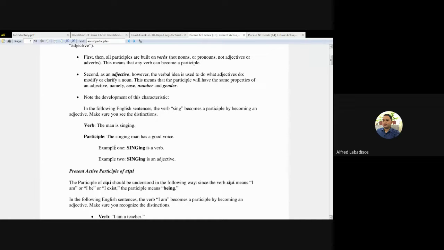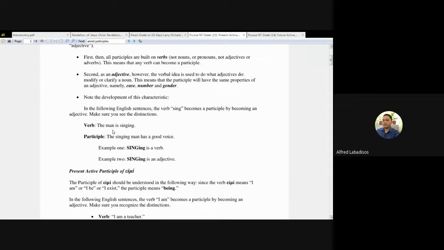So in example one, singing is a verb. It tells you what the man is doing. However, in example two, singing is an adjective. It means it's modifying man. The singing man: clarifying the quality or characteristic of the man. So you have to distinguish between the two.